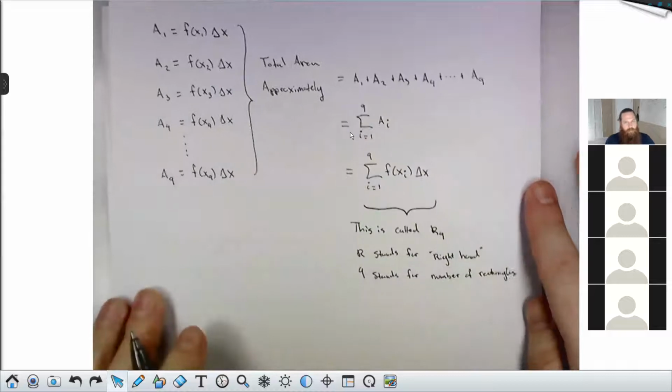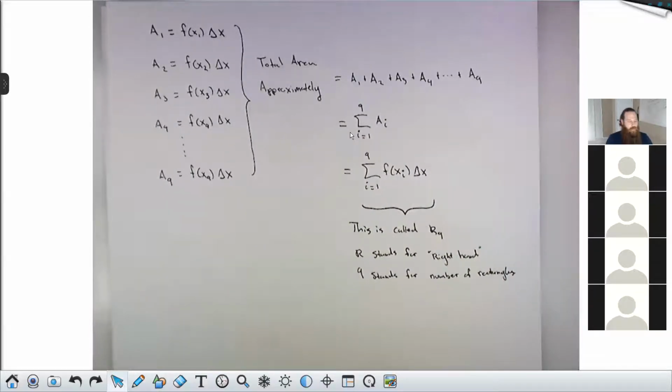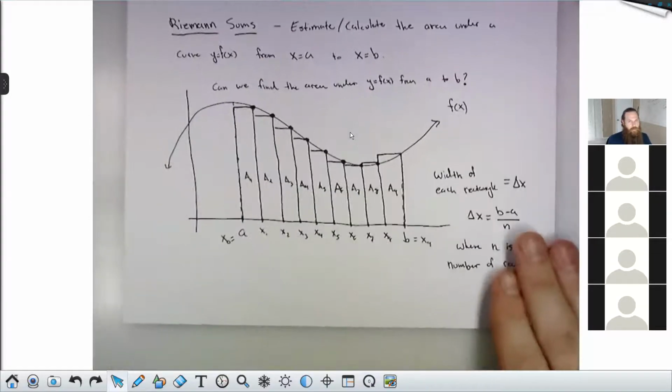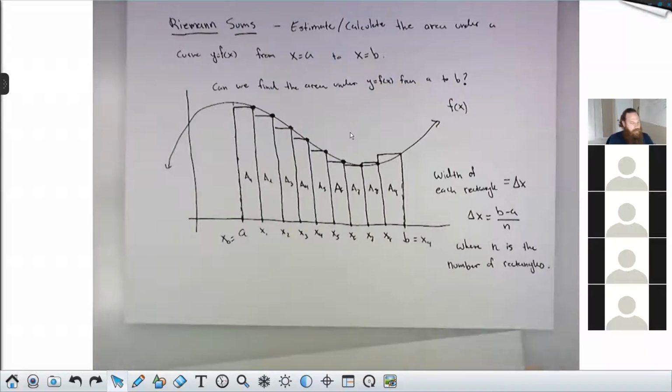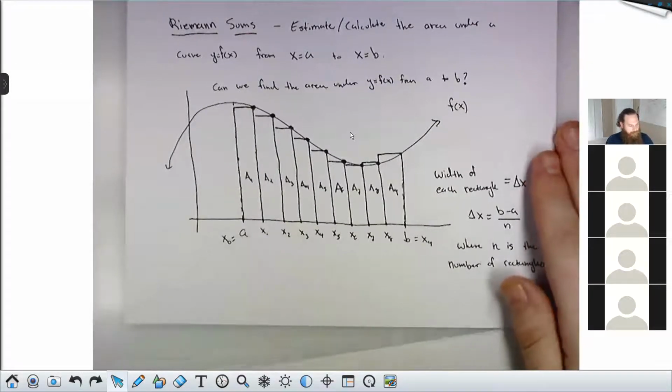And the way I keep emphasizing the word right hand, you can guess that there's also a left hand version of these things. So here, the height of each rectangle was determined by the value of the function at the right endpoint of each subinterval.